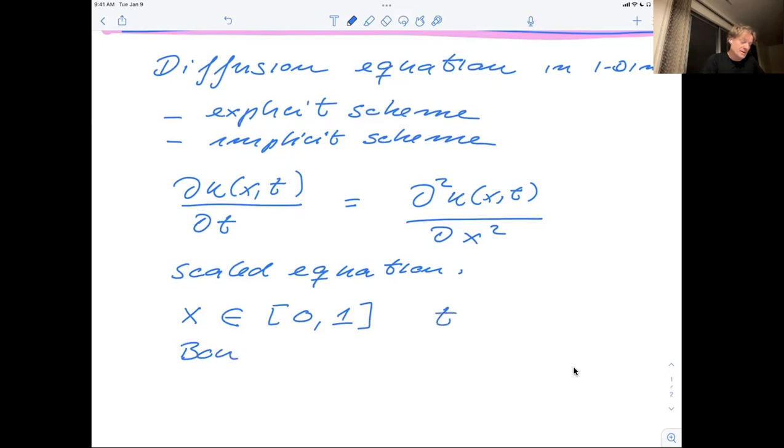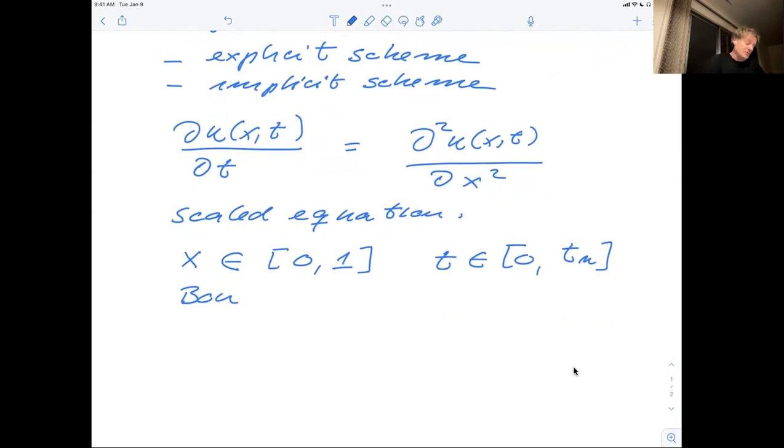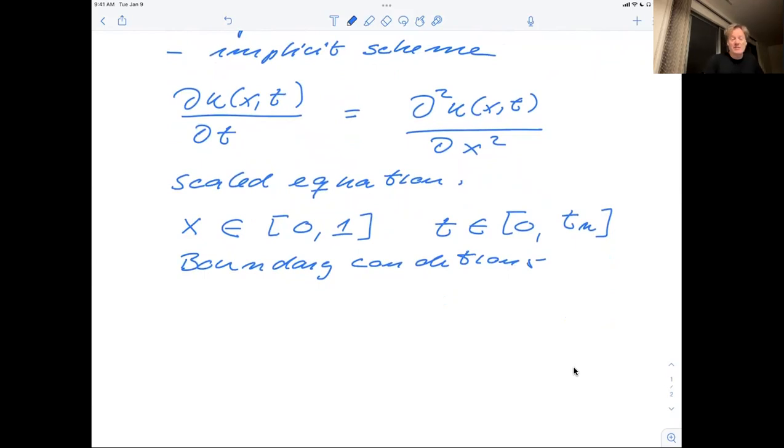So time is now going to be between 0, which will be t0, and then some final time, which we just call t final or tn here. So the boundary conditions can be given by some Dirichlet boundary conditions.